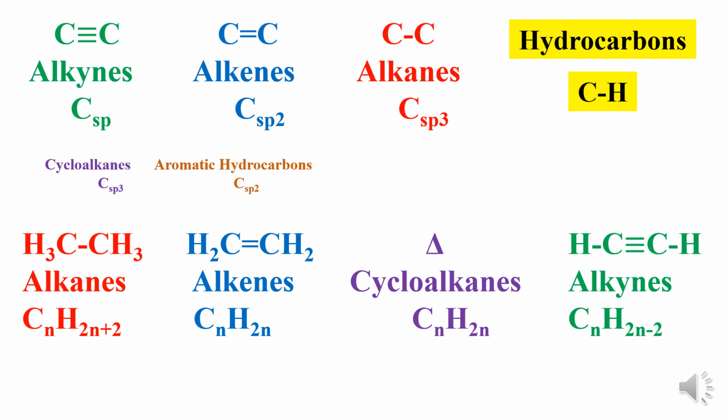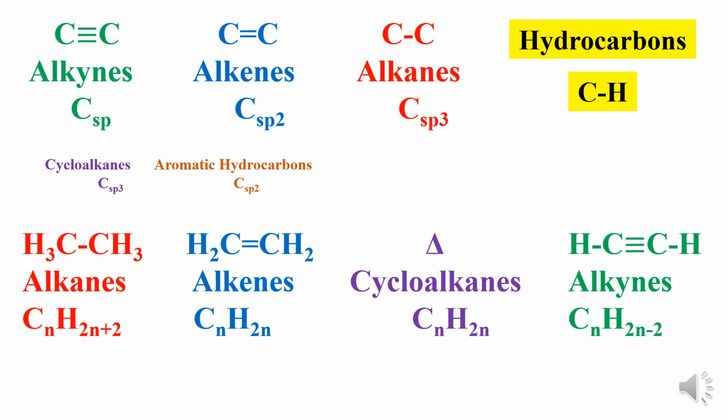And alkanes have the general formula CnH2n+2. While alkenes, which are unsaturated hydrocarbons, have the general formula CnH2n.